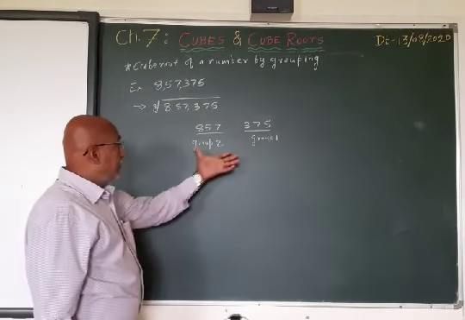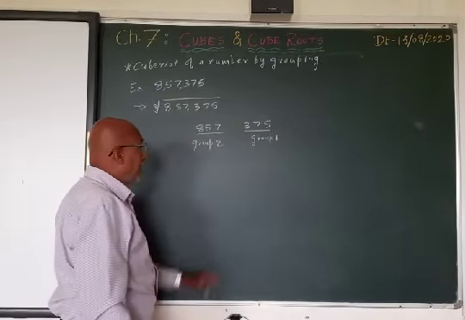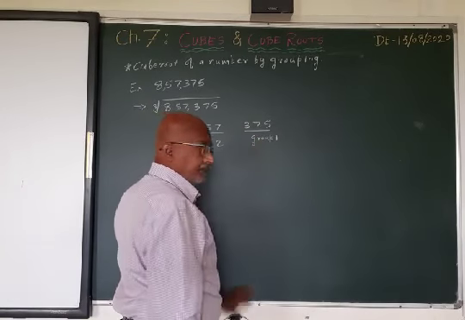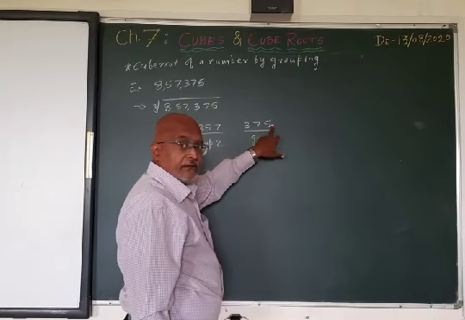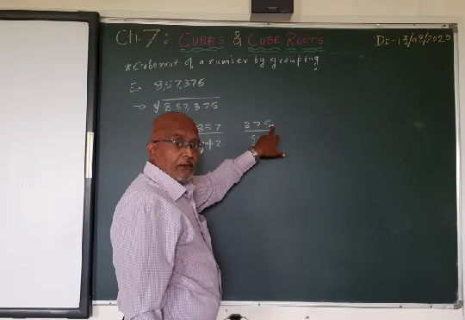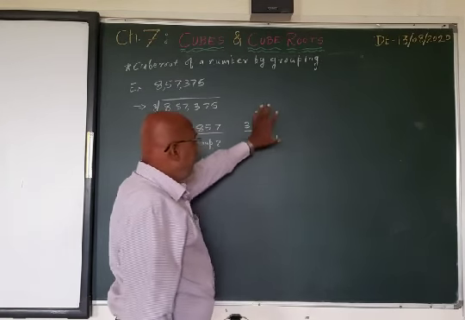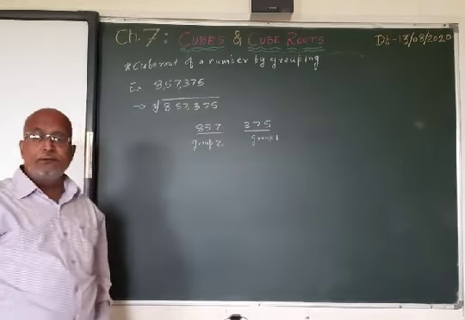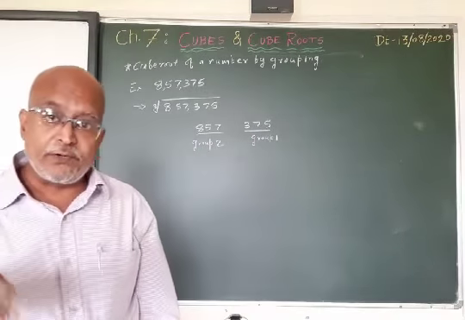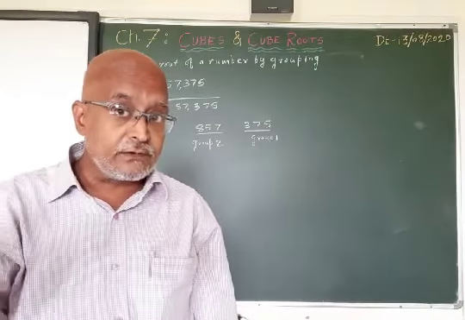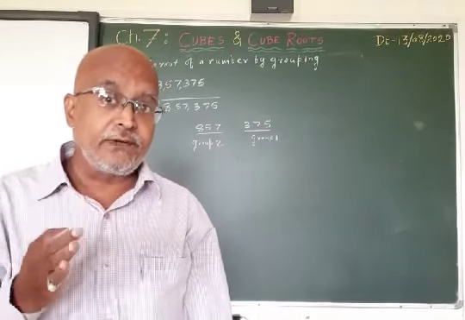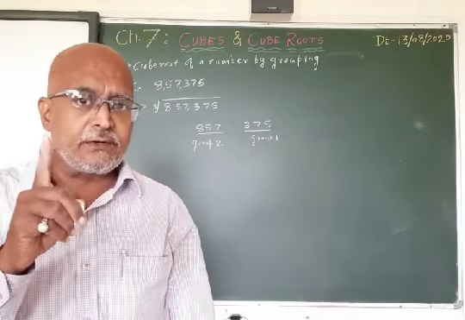Now what to do with these groups? Now in the first group we have 5 at the units place. Now where 5 comes at the units place, of which number's cube? Which number's cube ends in 5? There is only one number.